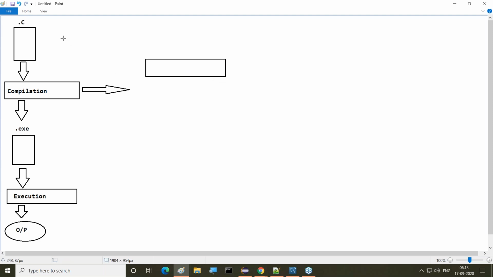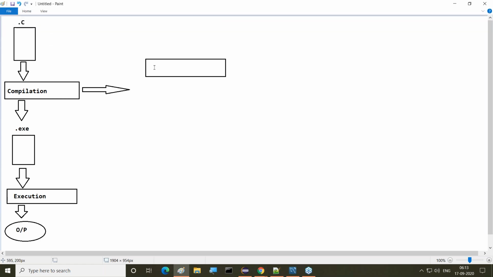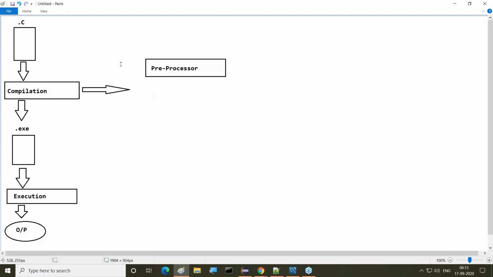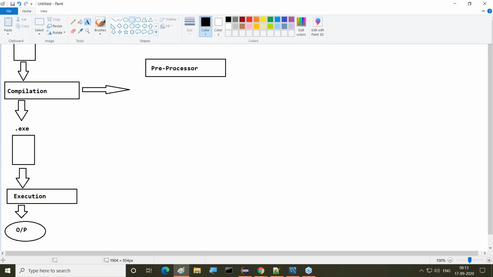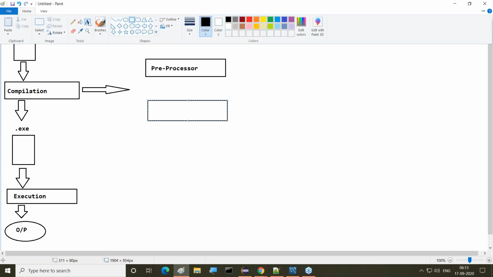If you think about the number of machines running in parallel to perform compilation, the very first phase is the preprocessor. After this preprocessor, the next phase will be the compiler.